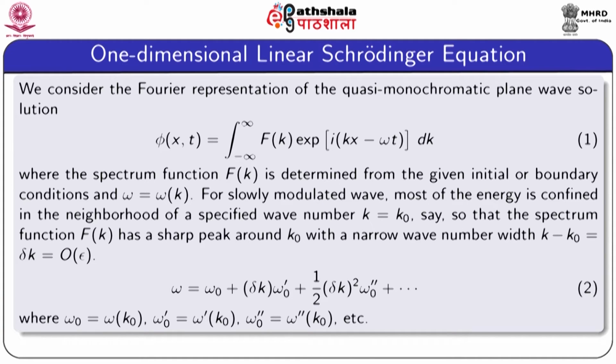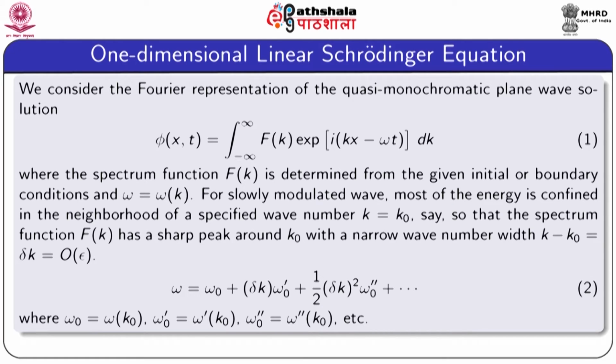Now, the dispersion relation omega about k equals k0 can be written using Taylor series expansion as omega at k equals omega at k0 plus delta k times d omega/dk at k equals k0 plus delta k squared by 2 times d2 omega/dk squared at k equals k0 plus and so on.